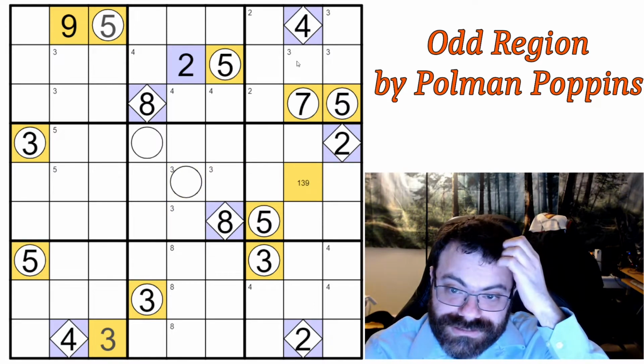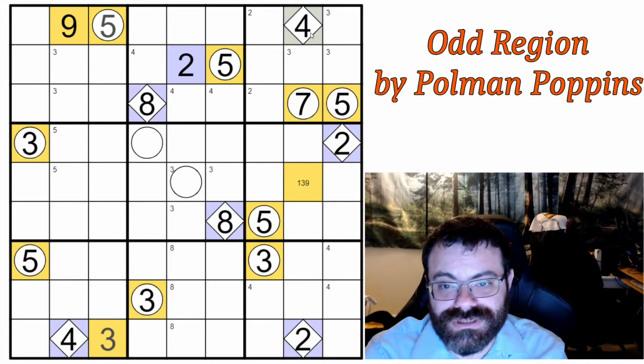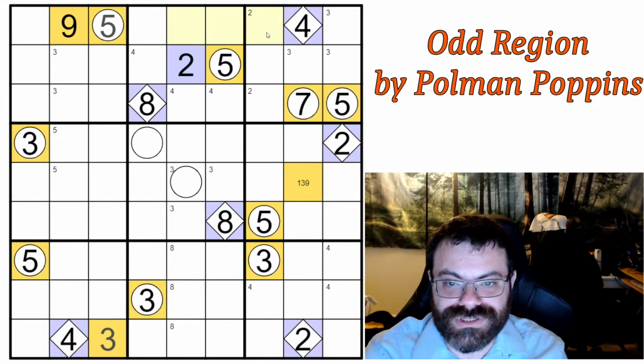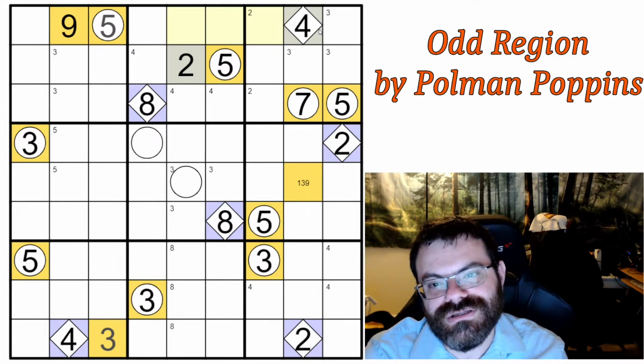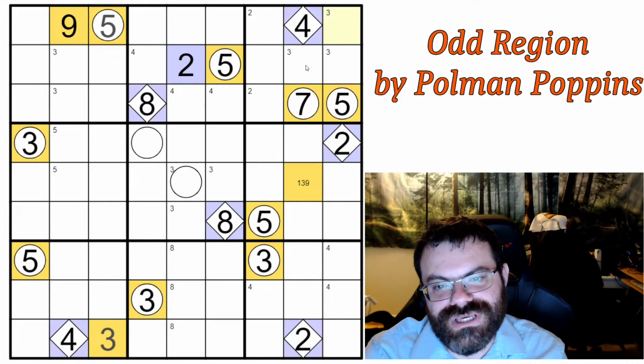Anything else like that? This 4. I mean, can it go 1, 2, 3? No, so I can't have it come all the way left. It can come 2 left, but if it did a third, then we'd actually have 5 orthogonally connected evens. In fact, I can only have 3.